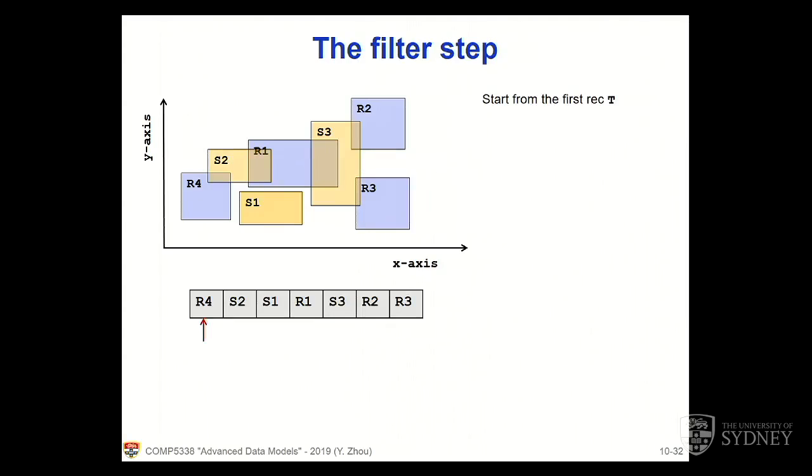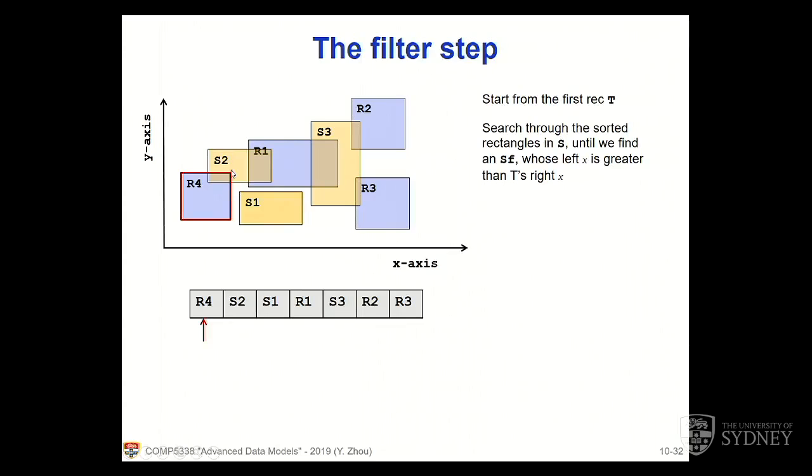Basically, starting from the first rectangle, we go through this, and we don't really look at the R's because we're not interested. So we look at all the S's until we find a particular S whose left x is greater than the right x of this one. We know the right x by looking at the top right corner.